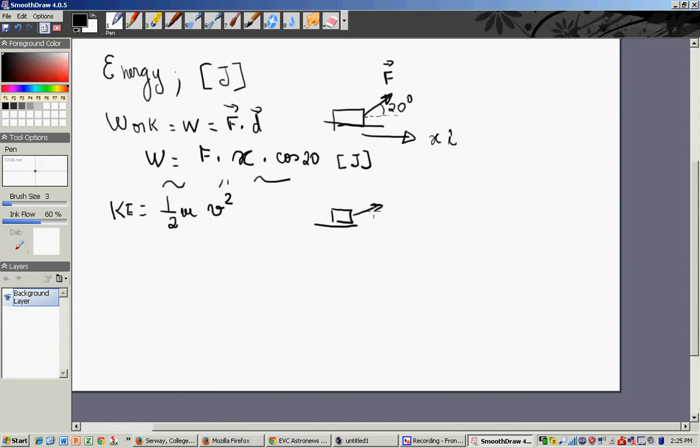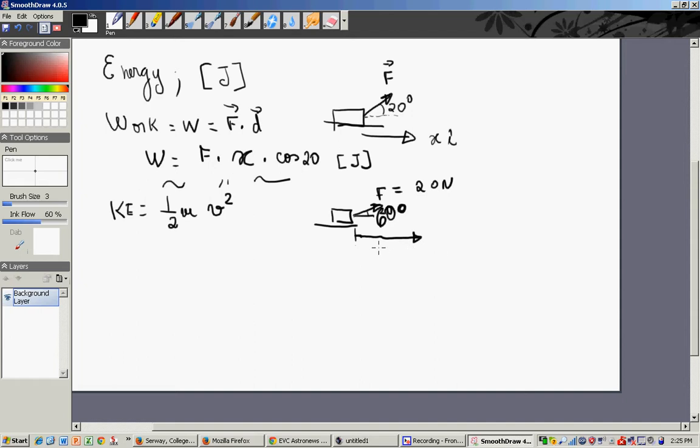Now, if we go back to the same example, we have a force F applied with an angle of 20 degrees, and this block moves, let's make numbers, right? Let's make a force of 20 newtons, and let's think of our block, and I have to come up with an angle.